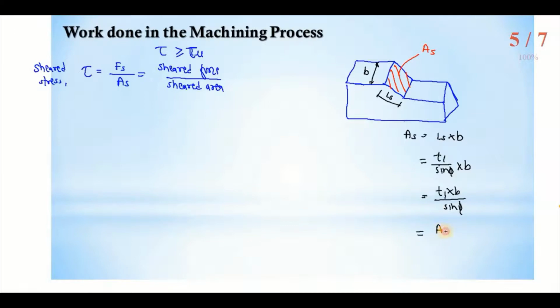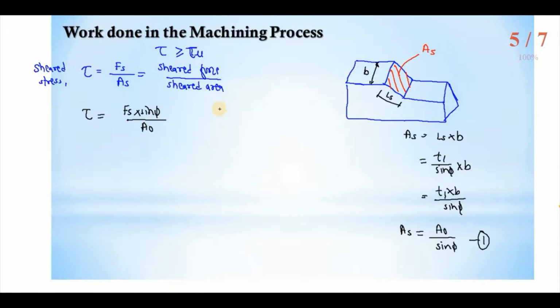So we are getting A0 upon sin phi for this sheared area. If we put this in the formula, shear stress is Fs into sin phi upon A0.